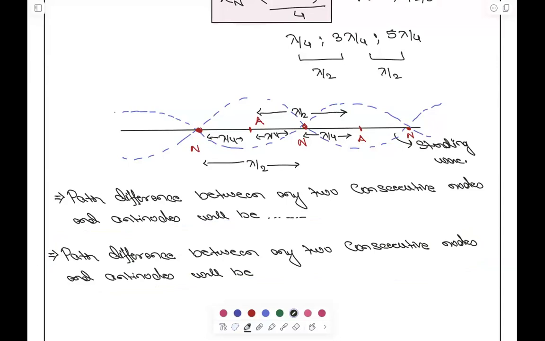Path difference between any two adjacent nodes, and between node and antinode.